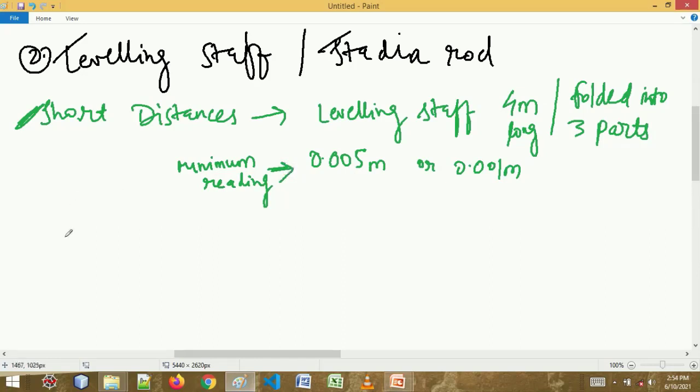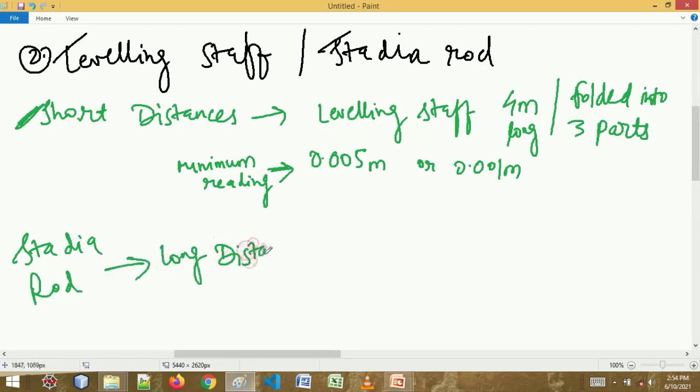Then the next instrument is known as the stadia rod. This stadia rod is used for longer distances. The stadia rod is usually of one piece, but for ease of transport it may be of folding or telescopic type.